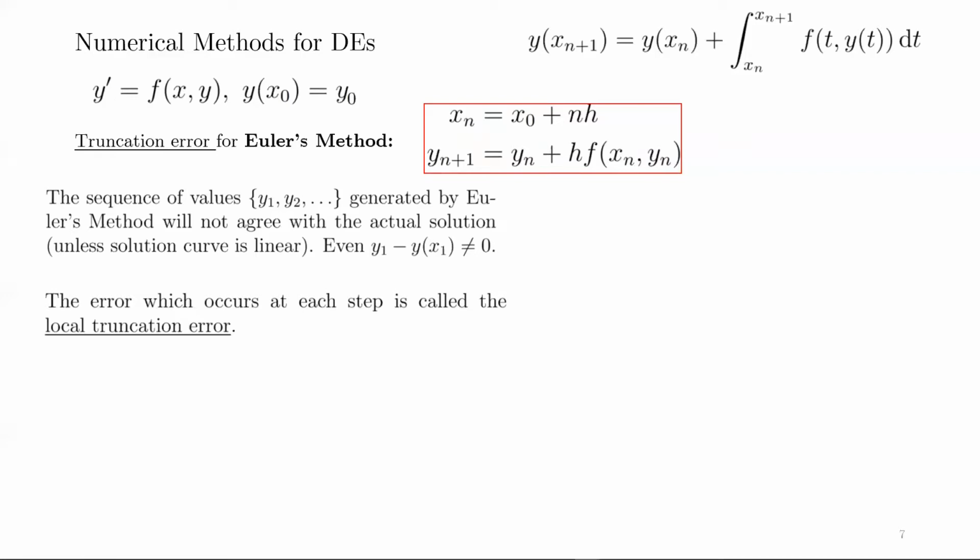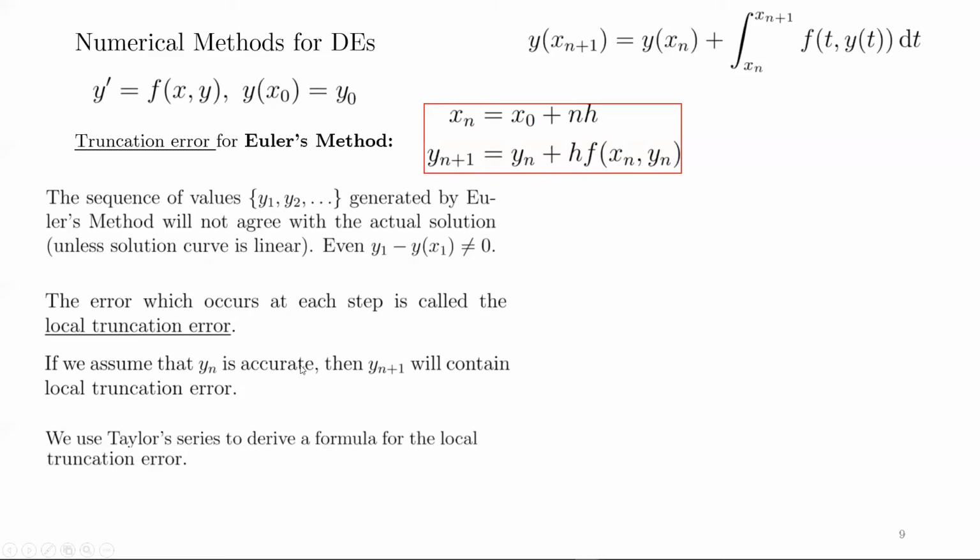Even if you have the solution at point xn, you get a local truncation error at point xn plus 1. If we assume that yn is accurate, yn plus 1 will contain local truncation error, and we can use a Taylor series to derive the formula for the local truncation error.